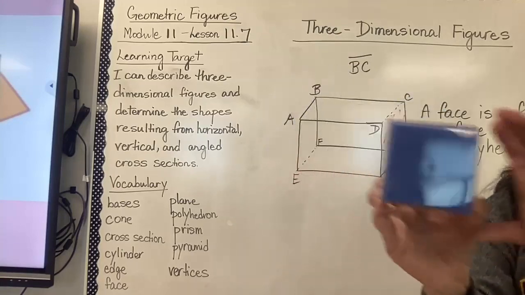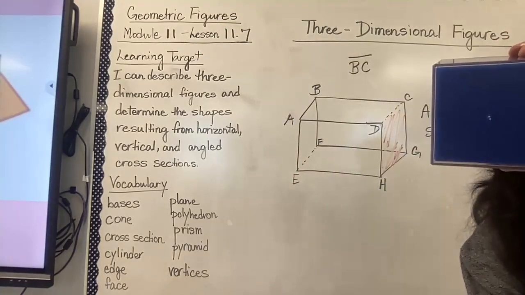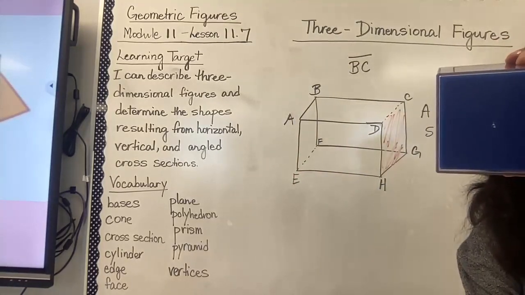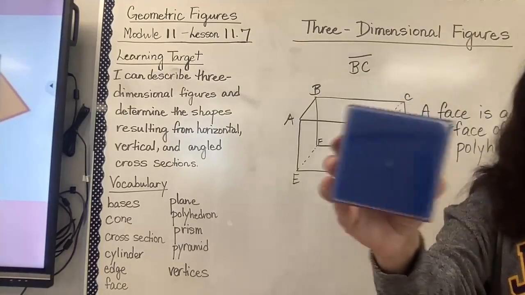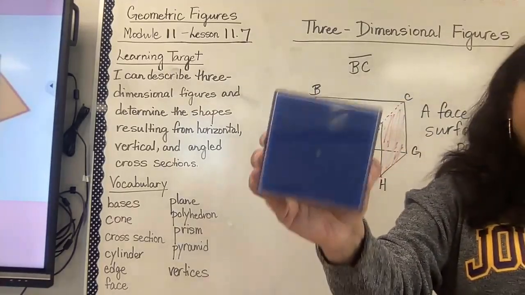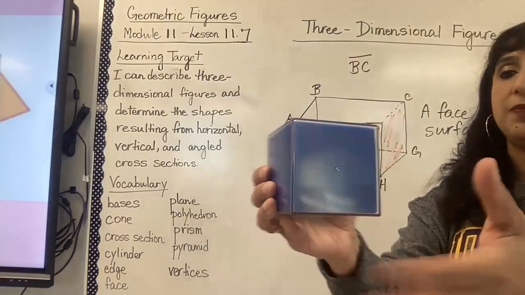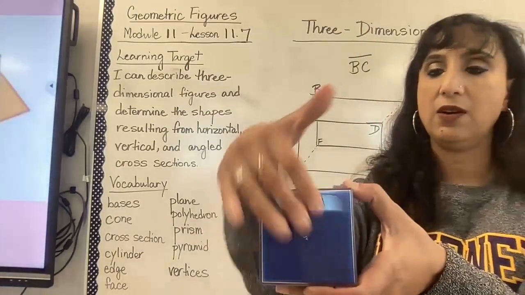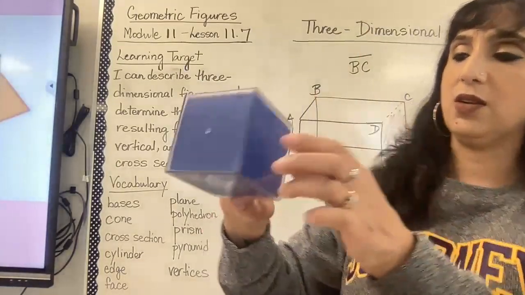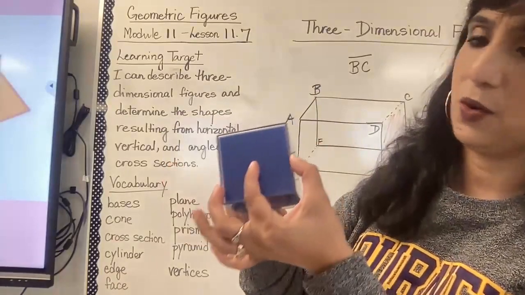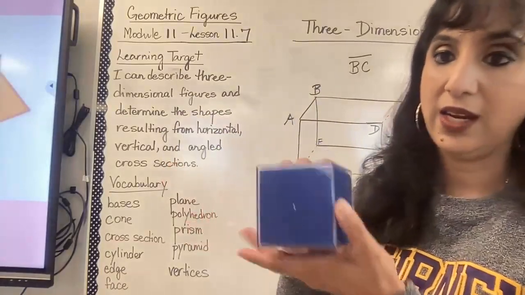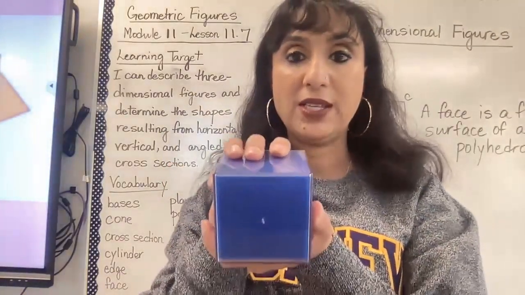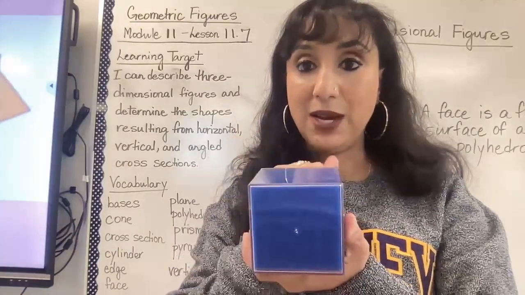If I look at this, it is a cube. If I cut the cube vertically, look, this and this are going to be different measures. And in a cube, I have got to have all the faces with exactly the same measure, right?